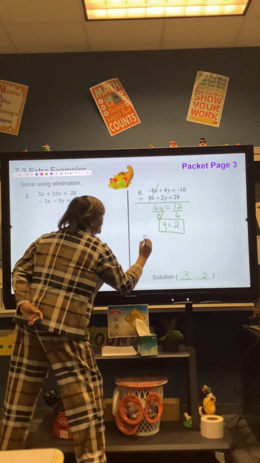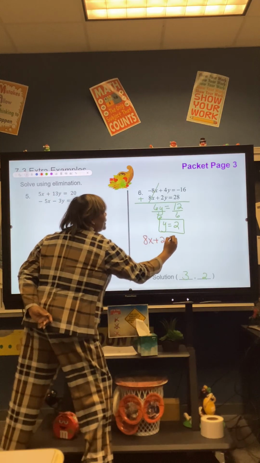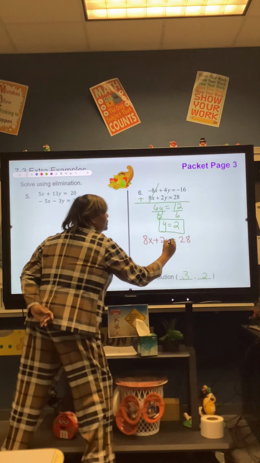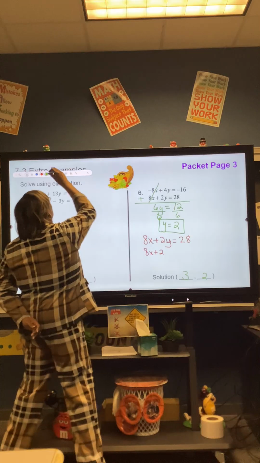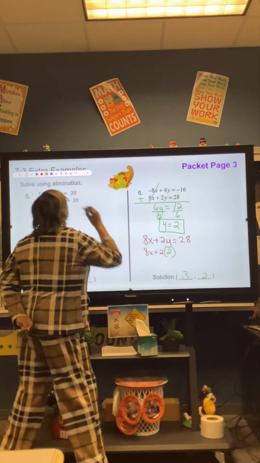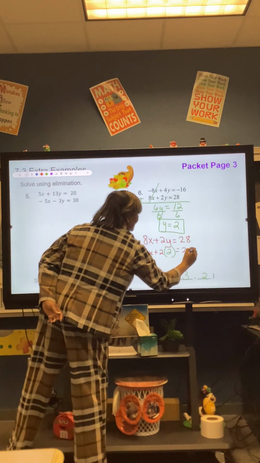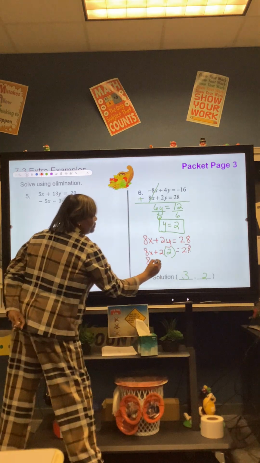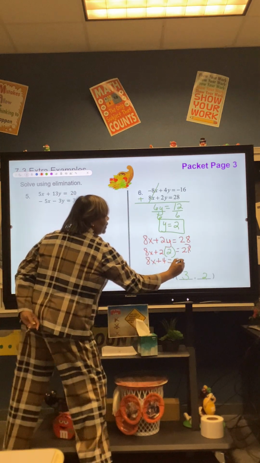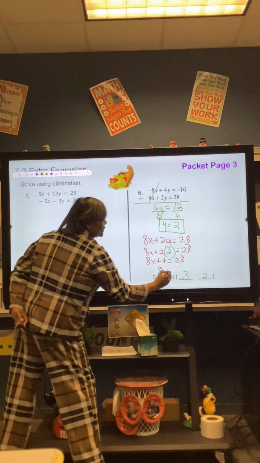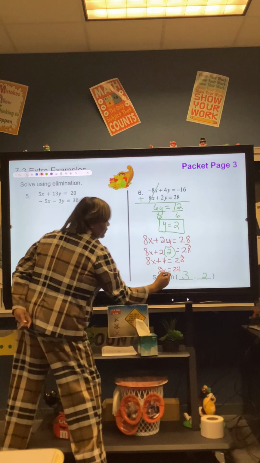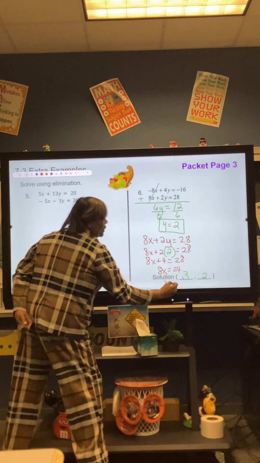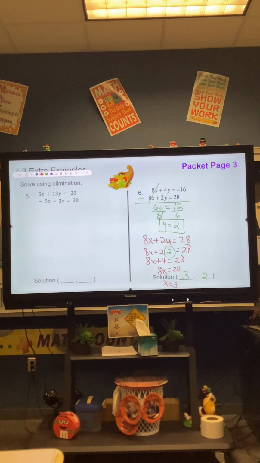Okay, I did too. 8x plus 2y is equal to 28. 8x plus 2 times 2, green, equals 28. 8x plus 4 is equal to 28. 8x is equal to 24, right? Divide both sides by that. X is equal to 3. You got what I got?